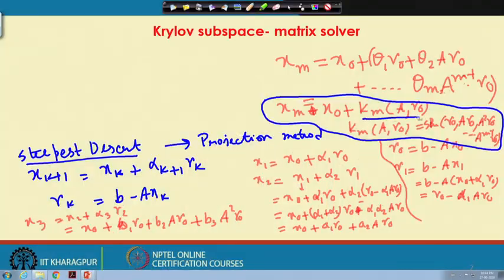So, x is anyway updated in this particular plane, which is the Krylov subspace. x is always updated in the Krylov subspace.